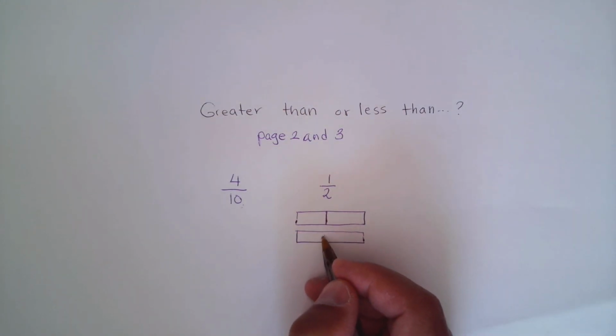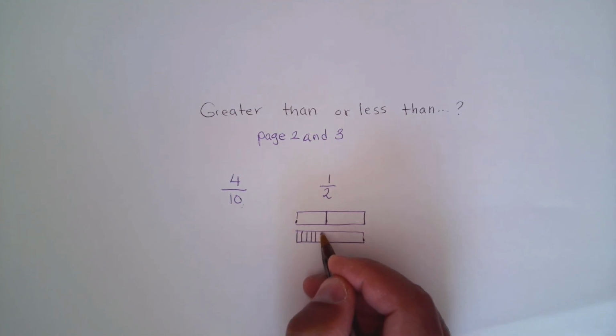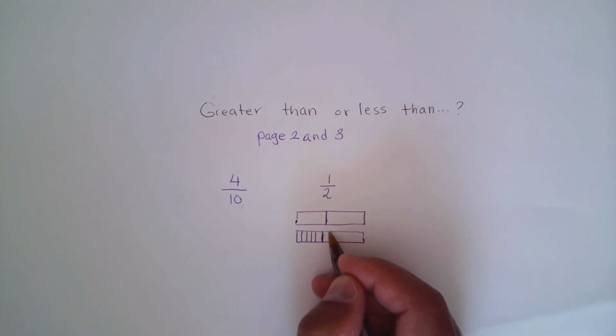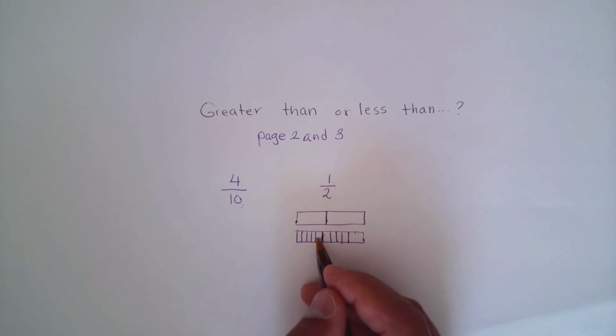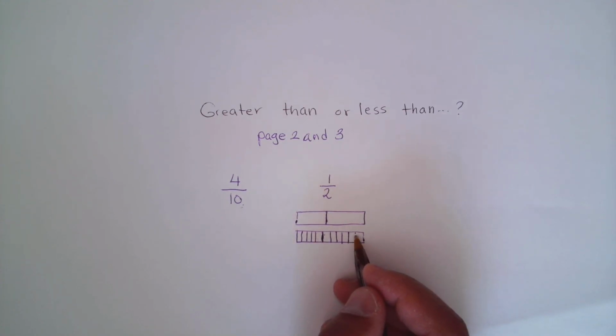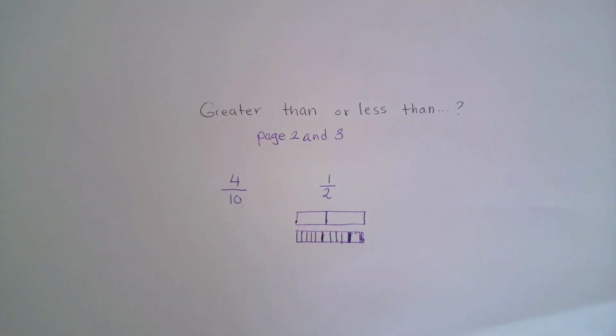So I'm gonna draw 1, 2, 3, 4, 5, 6, 7, 8, 9, and my 10 is here. This is the 10th, okay?